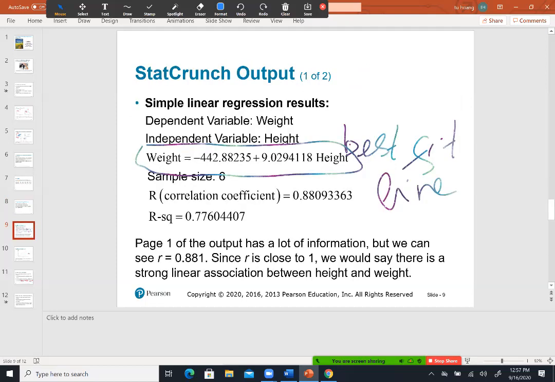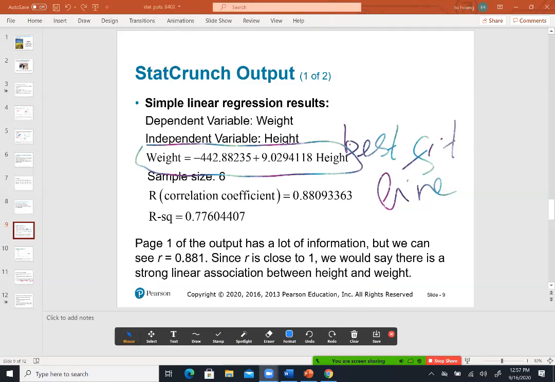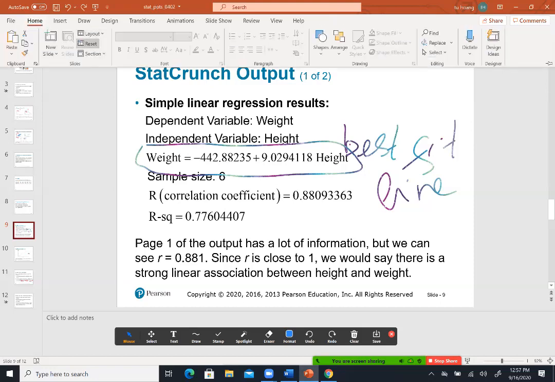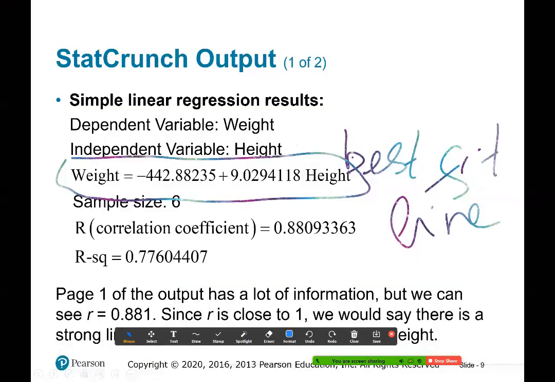I'm going to use slideshow. Okay, right here, so the StatCrunch output will give you this.